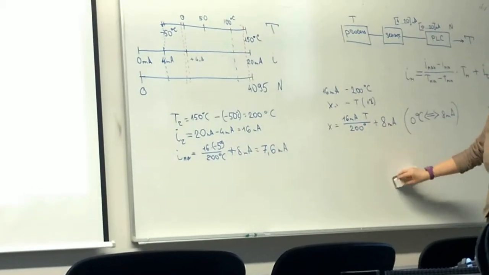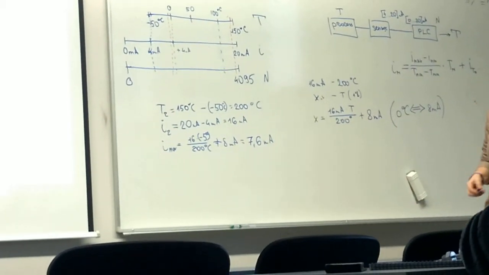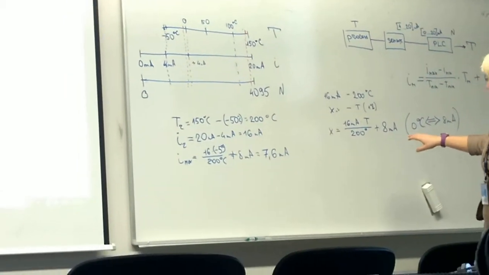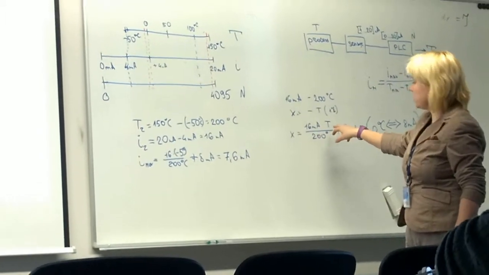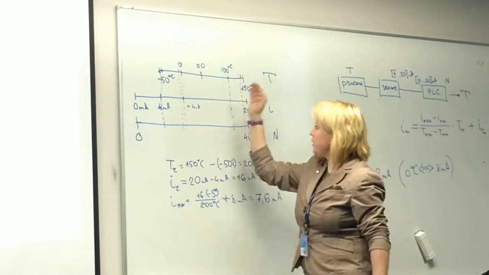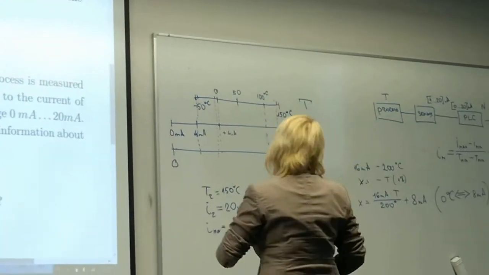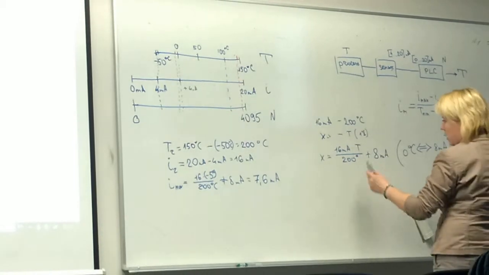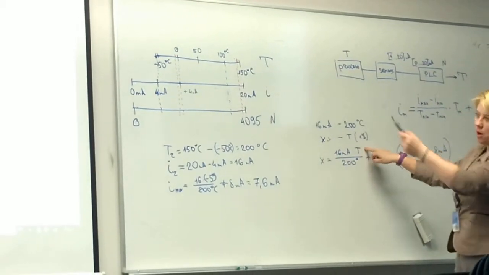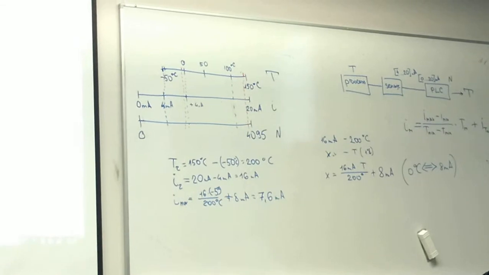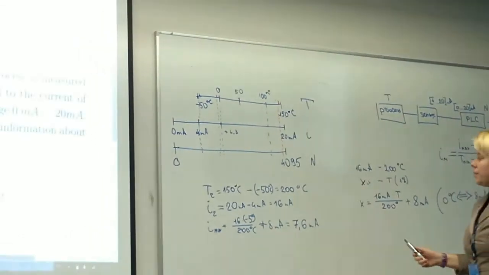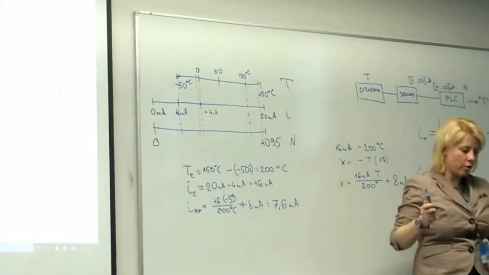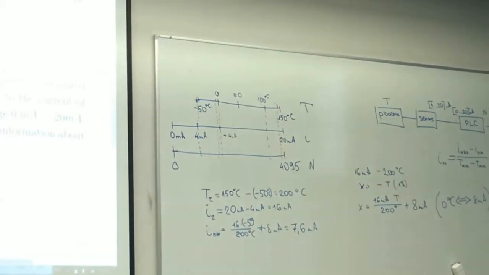When you have some notes and you have found this equation, first of all you should check if it is right. It's better to set some edge values. For example, let's set our temperature equal to minus 50 degrees. If you obtain 4 milliamperes, that means your equation works and you can continue.